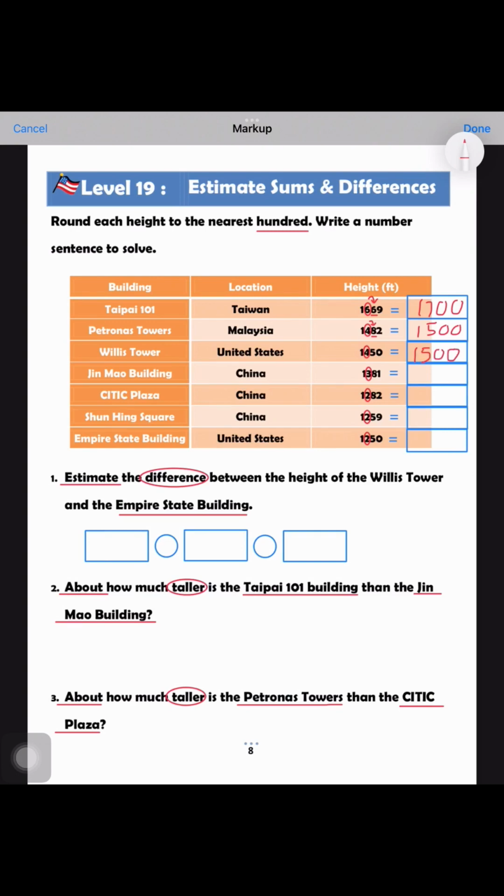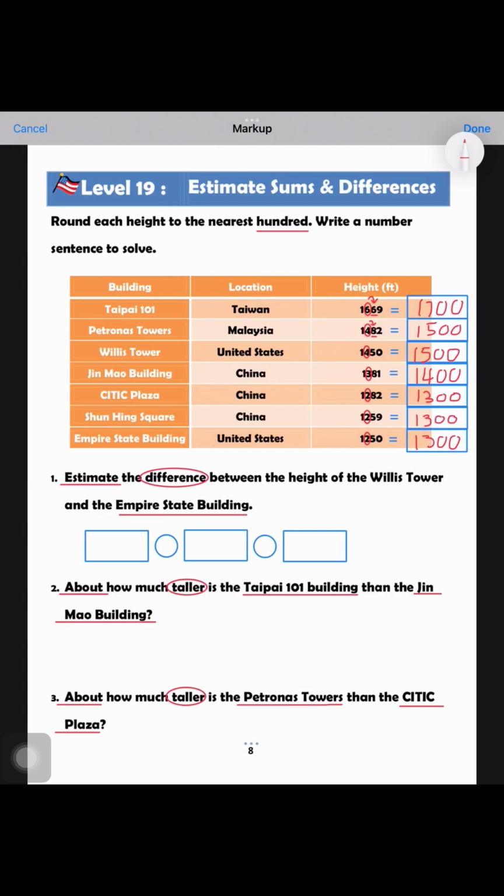United States, we will round it to 1,500. The building in China is 1,400. And the second one is 1,300, and the third one is also 1,300. So the final one will be 1,300.